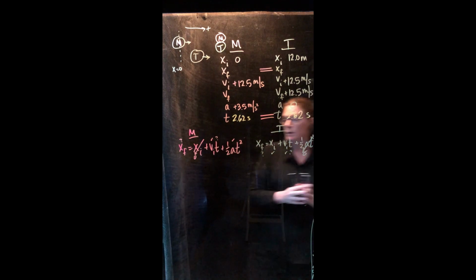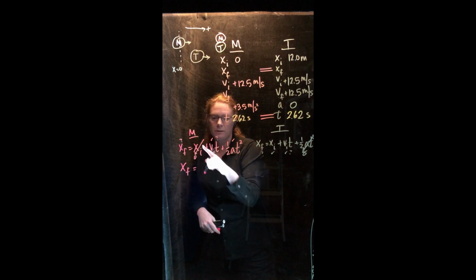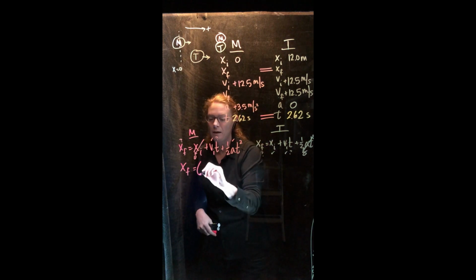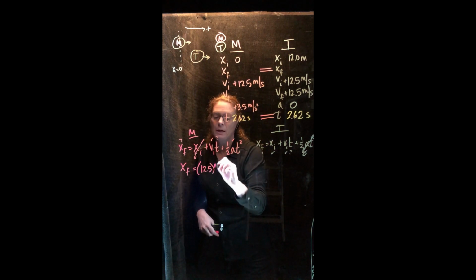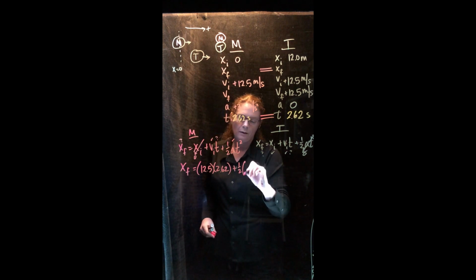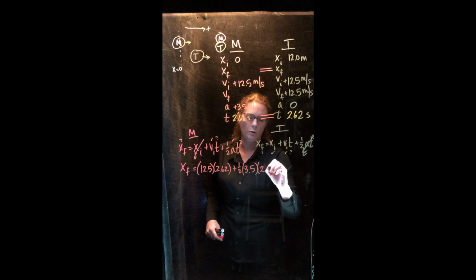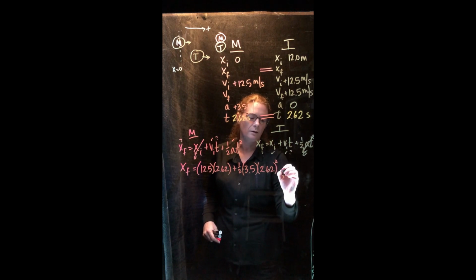So let's do the motorcycle first. X final equals, that's 0, V initial, 12.5, times my time, which is 2.62, plus 1/2, acceleration is 3.5, times 2.62 squared.